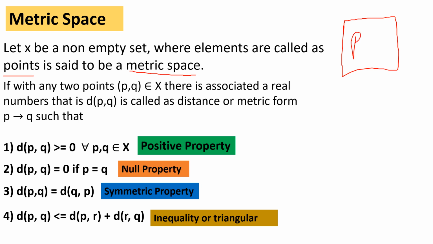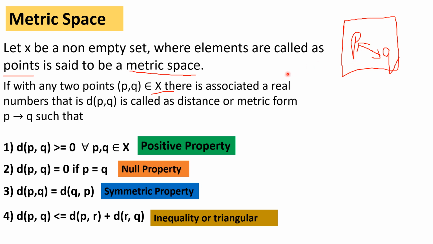Therefore, p is here and q is here. This p, q belongs to X. This X belongs to the real numbers. I clearly said what the real numbers are. Then d is nothing but the distance between p and q, called the distance or metric from p to q, such that it satisfies the following 4 conditions.